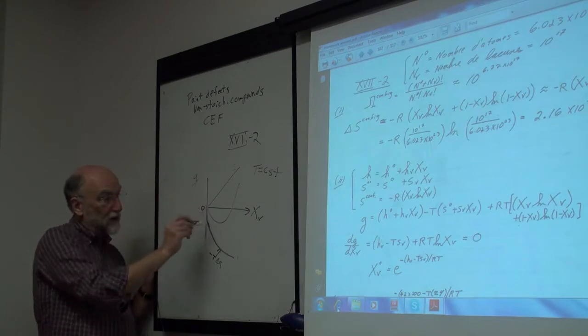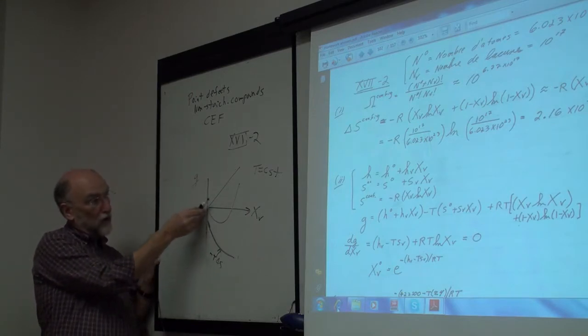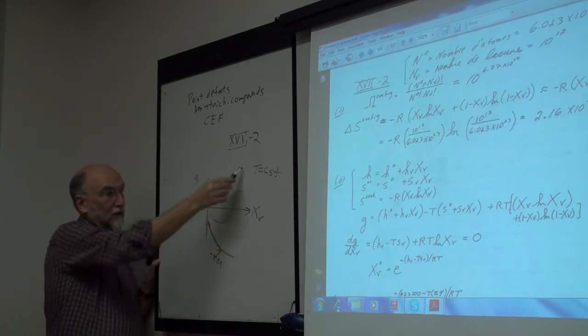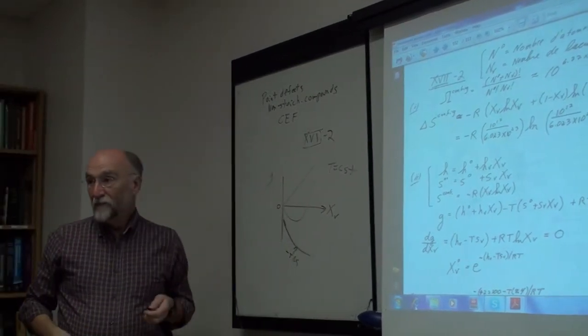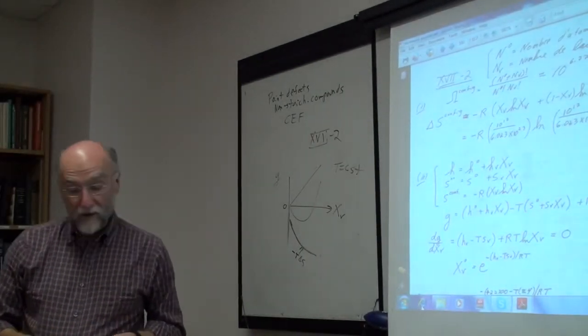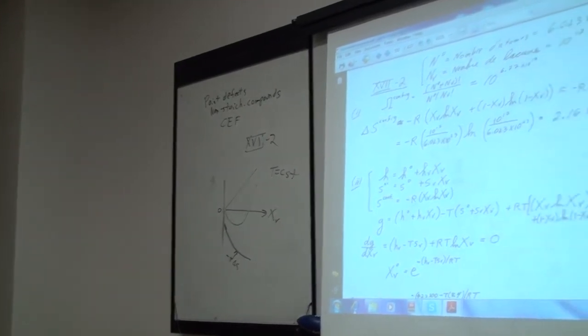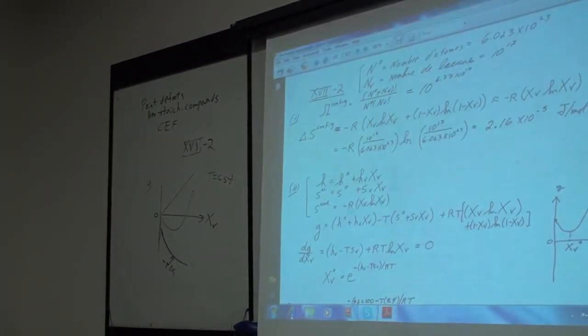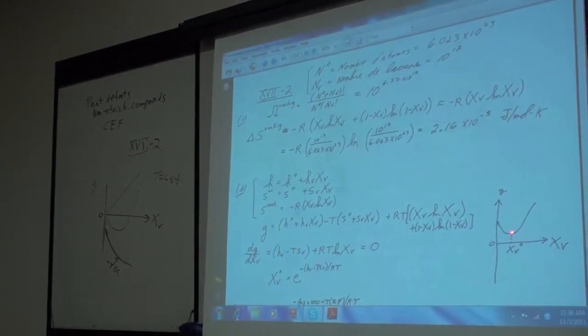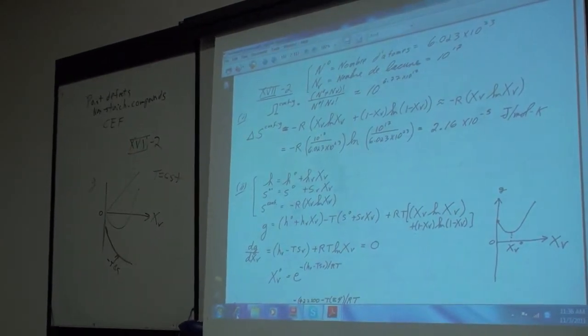Always negative at the beginning because of this term coming in with an infinite slope, and this term is not infinite, and then it comes around and starts to go back up. So this is your Gibbs energy curve as a function of composition, looks like that. It goes through a minimum, and that is the equilibrium number of vacancies.